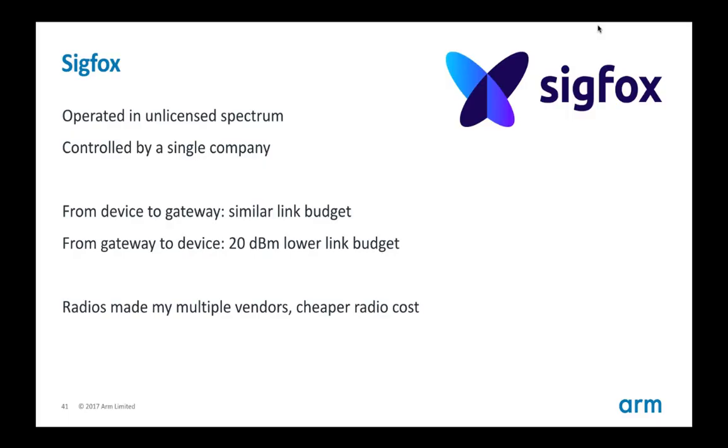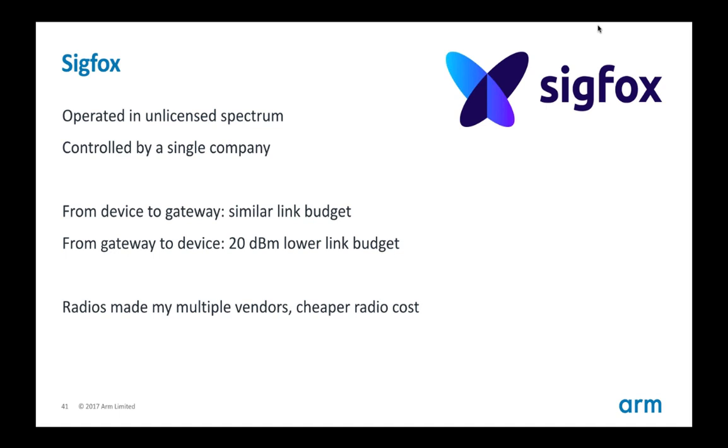Sigfox, if you talk about low-power wide area network, Sigfox was basically the first one, launched a few years back. Basically started the whole idea of running in an unlicensed spectrum and sub-gigahertz and having a high link budget. Sigfox is very similar in link budget to LoRaWAN if you send data from a device to a gateway, so you can expect the same range and very similar data rates.